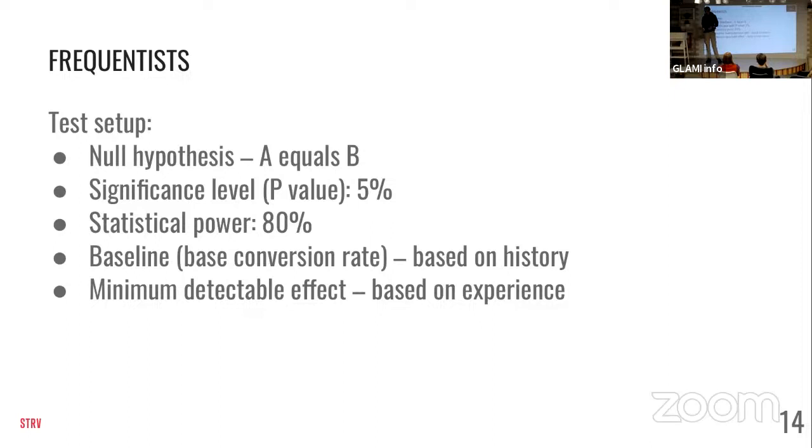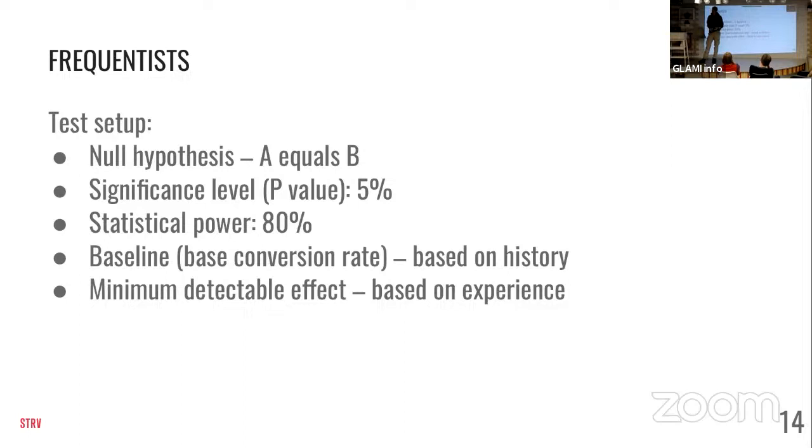If you would like to have a statistical power of, let's say, 90%, you will need much more data. So these numbers, with a very long history, proved to be reasonable for significance level and statistical power.